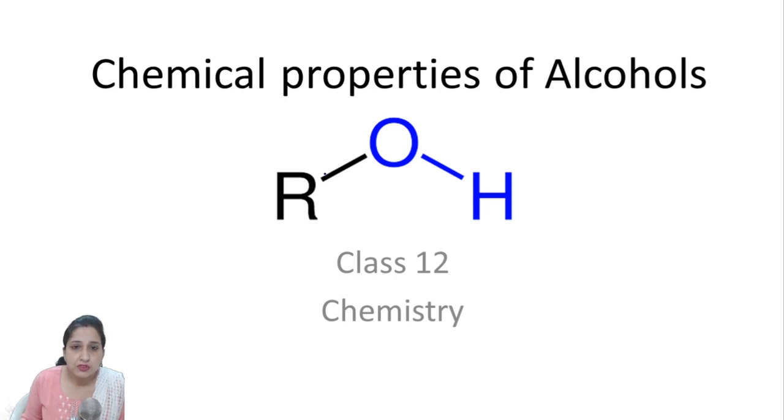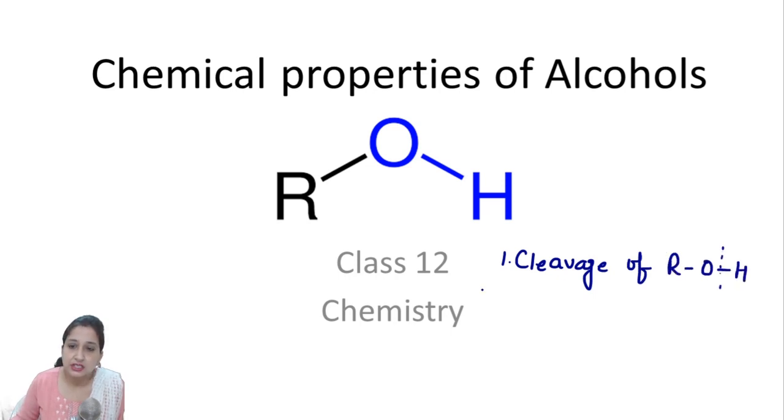So before discussing the chemical properties of alcohols in detail, we should know that alcohols undergo mainly three types of chemical reactions. The first type of reactions involves cleavage of the OH bond.